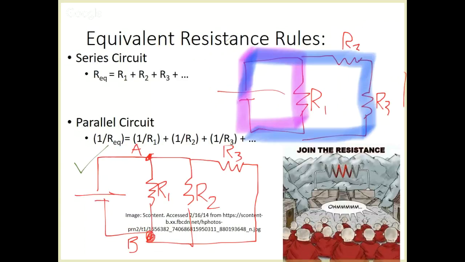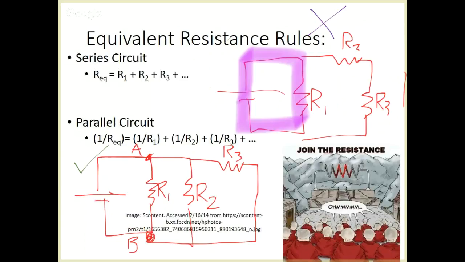Not R2 or R3, R2 and R3. The mere fact that that one blue path goes through two resistors means those two resistors are not in parallel with each other. So I can't just say 1 over R1 plus 1 over R2 plus 1 over R3 for this circuit, because R2 and R3 are not in parallel to each other. First, I would have to add R2 plus R3, get one resistor on that leg, and now that one resistor would be in parallel with R1.